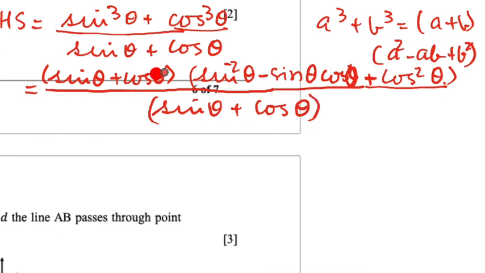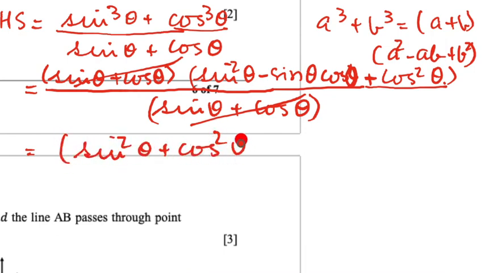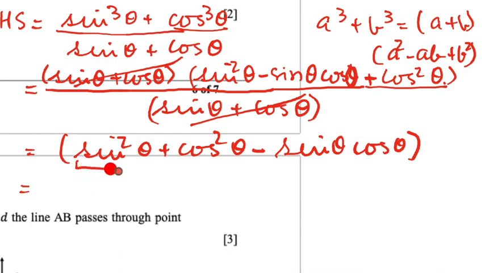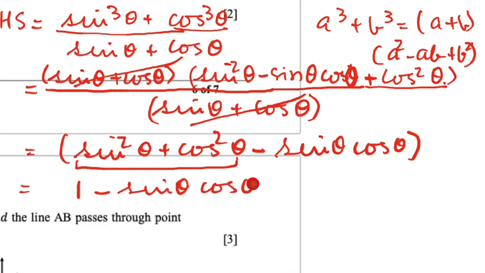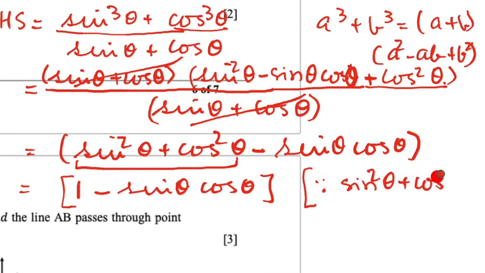Now can you see this bracket and this bracket get cancelled, and you will have sin square theta plus cos square theta minus sin theta cos theta, which is going to get simplified, with sin square theta plus cos square theta being replaced by 1, since it equals 1.